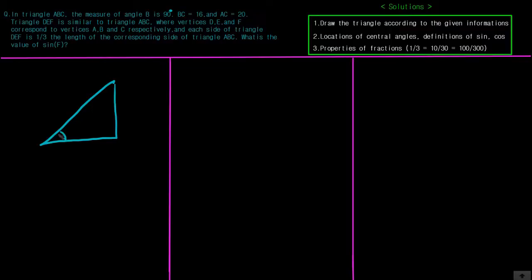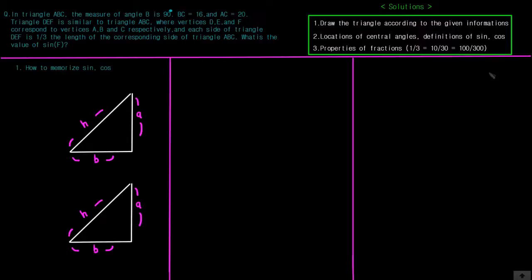The reason the central angle is important is that it makes the sine or cosine change. In the third step, we always have to care about the properties of fractions, such as 1/3 is equal to 10/30 or 100/300. The reason is that we have a ratio between the fractions.